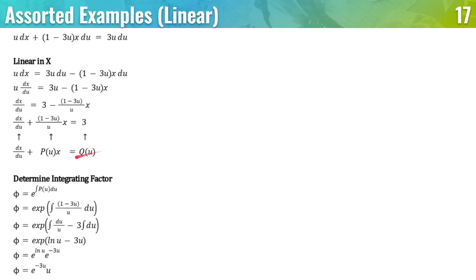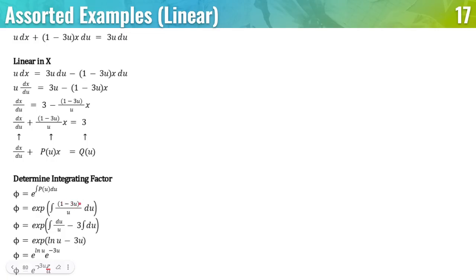Next we have to determine the integrating factor. The integrating factor comes from p(u). If you notice, it's p(u) only, not including the x. This is what we will substitute in here. With Euler's number raised to the power of the integral of p(u) du, we have this. We can rewrite e as exp, so it's easier to write on our test paper. We can bring down the exponent, so we have more space to write.